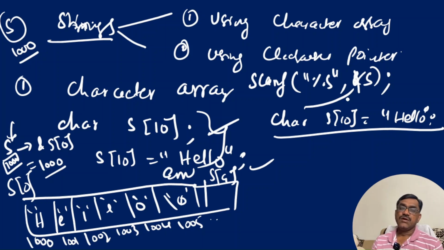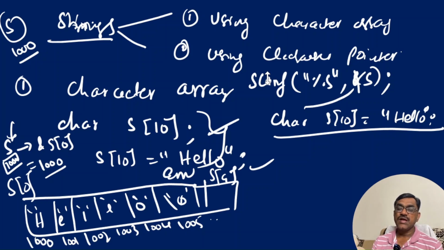While reading elements into an array, we mentioned ampersand of a of 0, a of 1. That is different: there we read the elements individually into each memory location, with a separate %d. But here, we are reading as a whole into the string s, which itself is an address. Once we know the base address, all the characters are stored automatically in the subsequent contiguous locations.